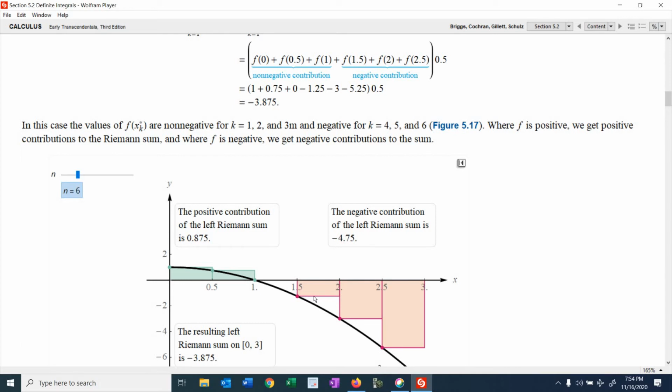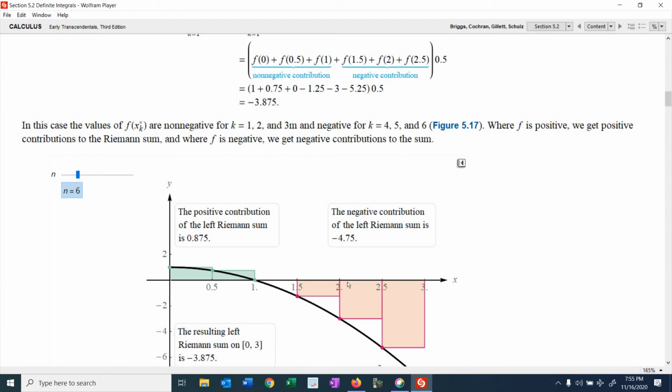It's not really the area of the rectangle, because areas have to be positive, which is why I'm calling it quote-unquote area. But it is a negative contribution in the Riemann sum. So we get negative 1.25 for the quote-unquote height of the rectangle, and the width, again, is 0.5, which they factored out.